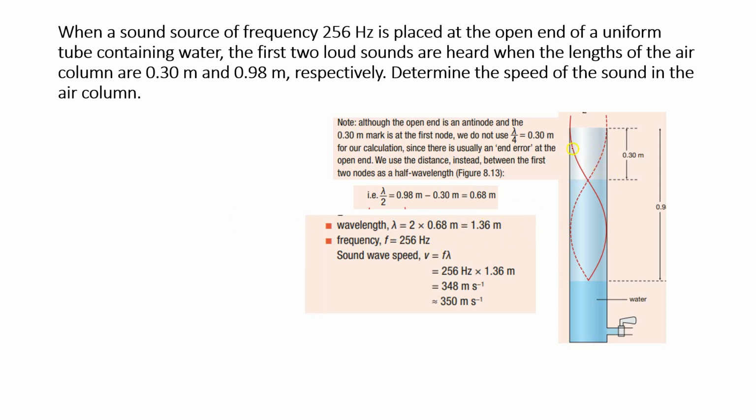So imagine that when a sound source of frequency 256 hertz is placed at the open end of a uniform tube containing water, the first two loud sounds are heard when the lengths of the air columns are 0.3 meters and 0.098 meters respectively. It says determine the speed of the sound in the air column.